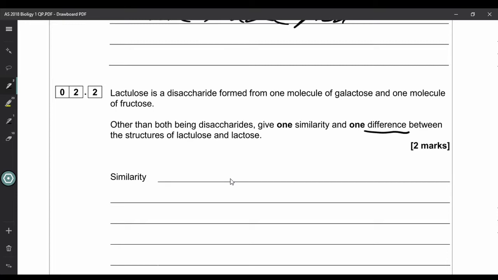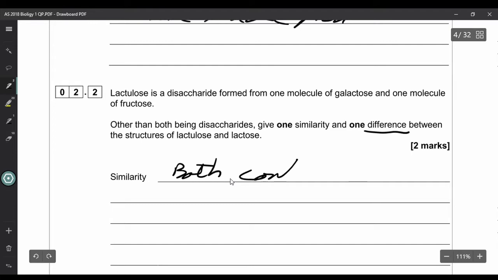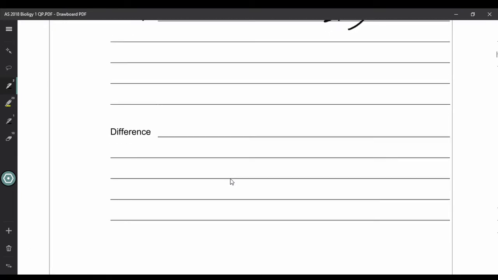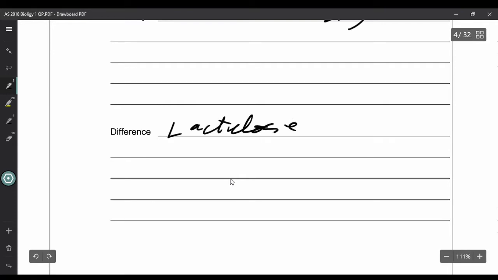So similarity is that they both contain galactose, but the difference is that lactulose contains fructose.